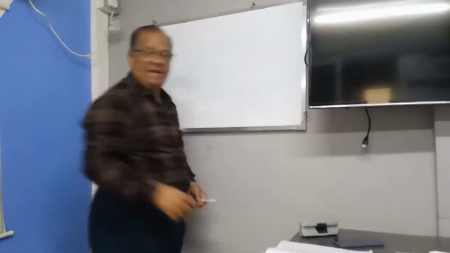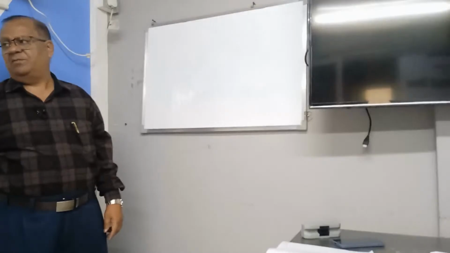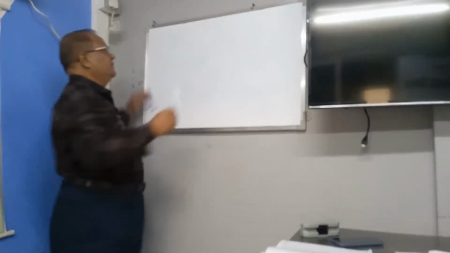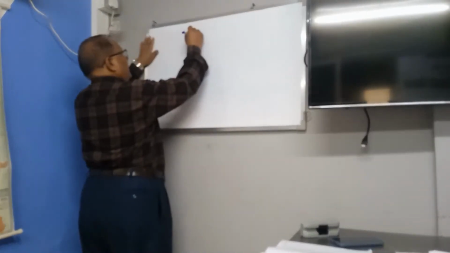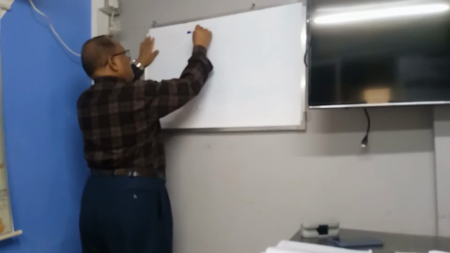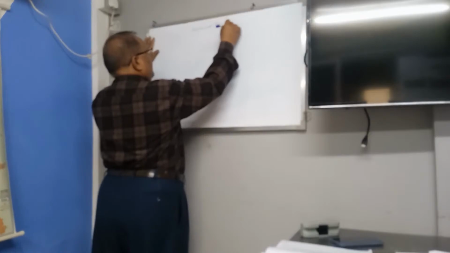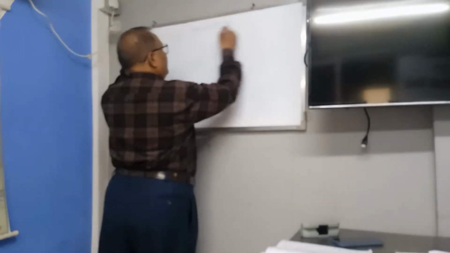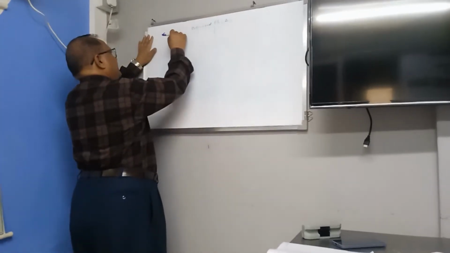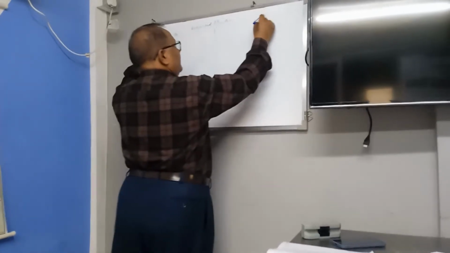Then we have to prepare finally the statement of sources and application of funds, the statement of fund flows. You take here the adjusted profit and loss account. You prepare this adjusted profit and loss account in this manner, debit and credit.